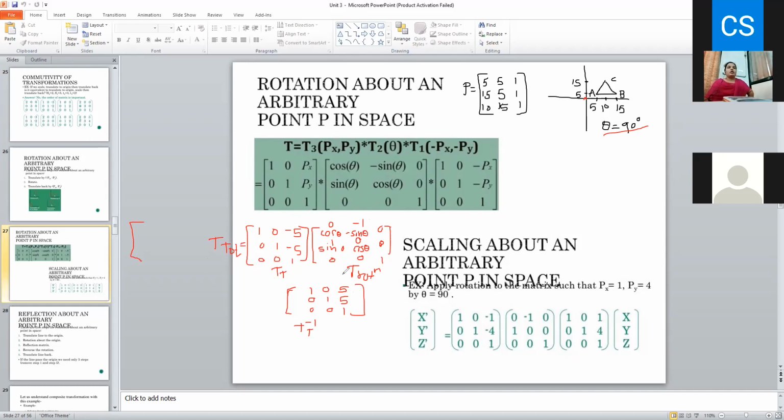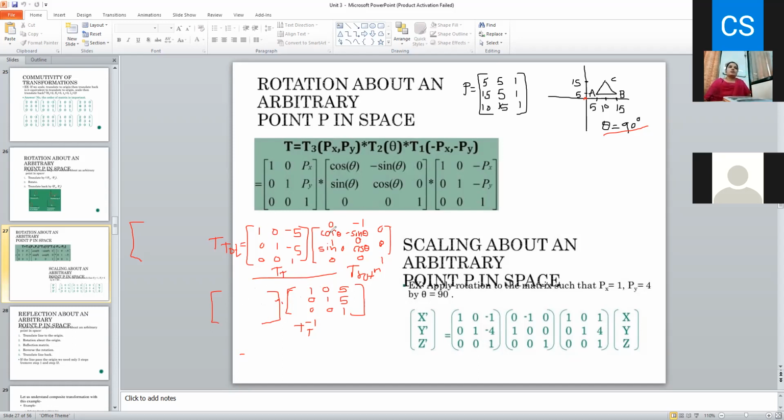Now perform the multiplication. So after matrix multiplication, what is the result? I will write the multiplication of these two here. The result of these two I will be writing here, and this T inverse as it is.